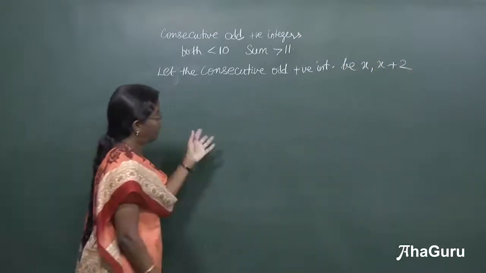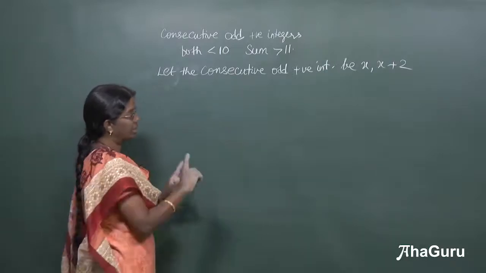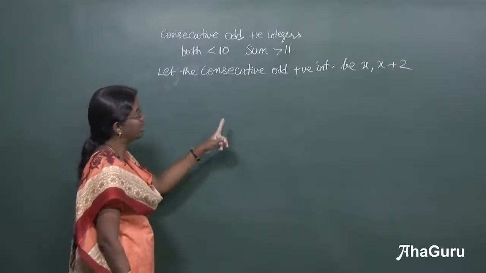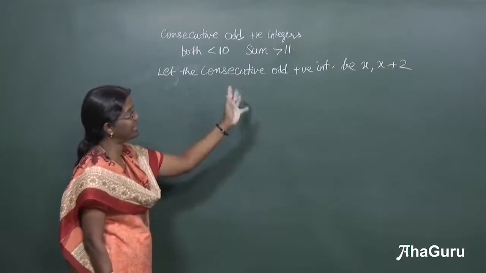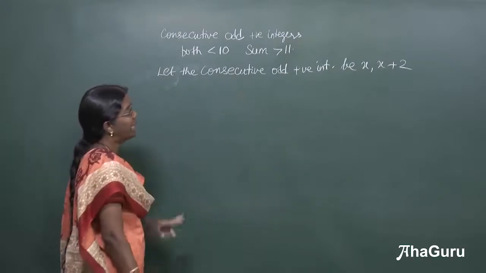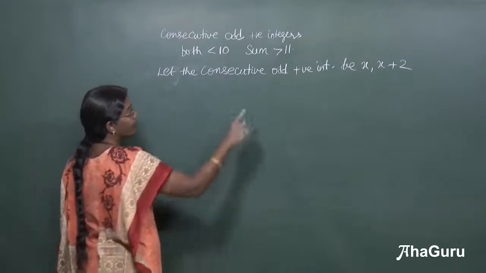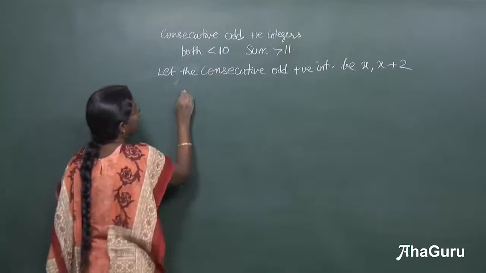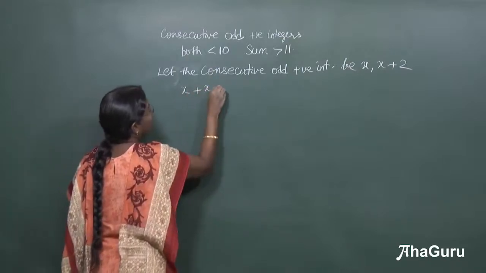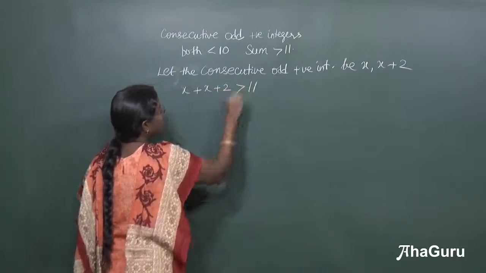Consecutive odd will not be the next number itself; it will be something like 3, 5, 7 and so on, or x and x plus 2. Both are less than 10, but the sum is greater than 11.